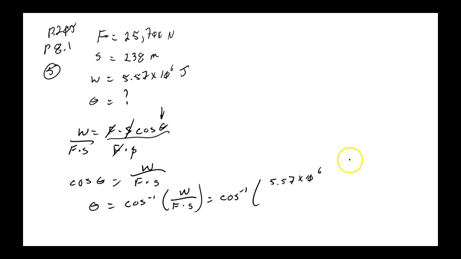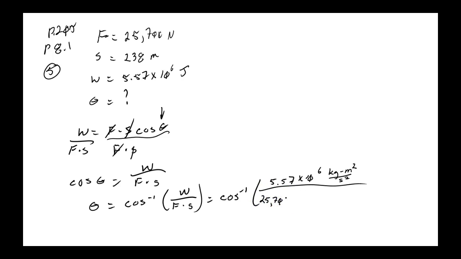Okay, it's a Newton meter, and a Newton is a kilogram meter per second squared, so times a meter, a joule is a kilogram meter squared per second squared. That's what a joule is. Now, force is a Newton.